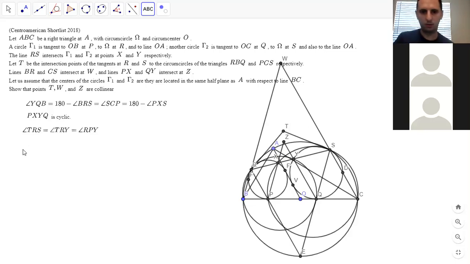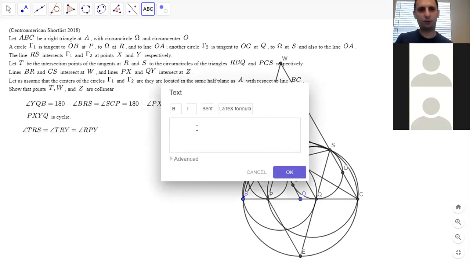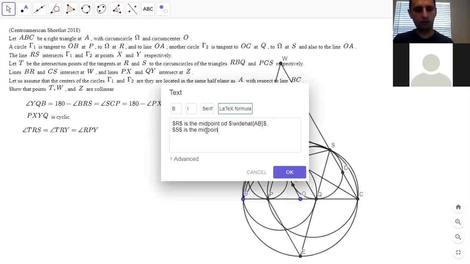So I'll just start out. So R is the midpoint of AB. S is the midpoint of AC.